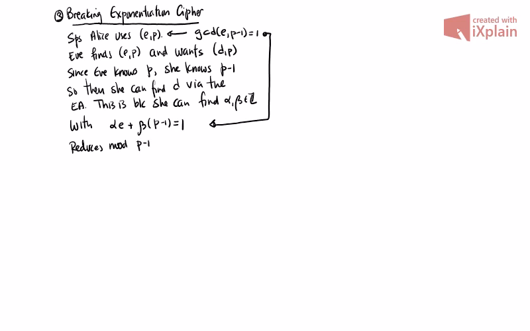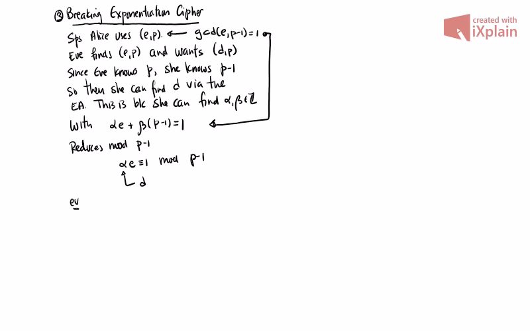The P minus 1 bit vanishes, and then she just lets the alpha be the D, right there, mod P minus 1. In other words, this will be D, if you like. So then she knows D, and then she can decrypt.